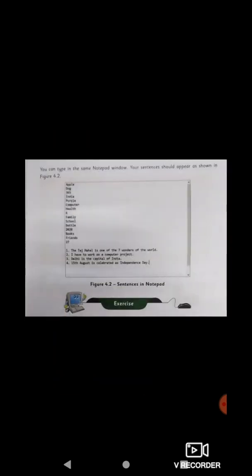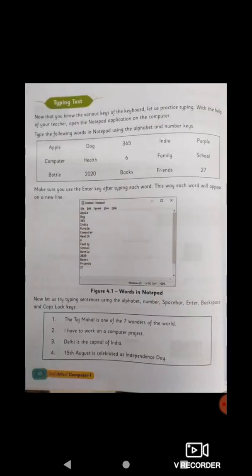On the next page also, if you see in the first picture, it's given as words. Then in the second picture, it's given as sentences.